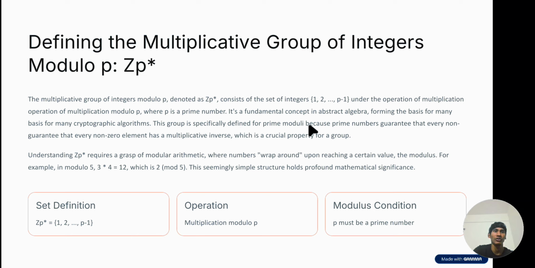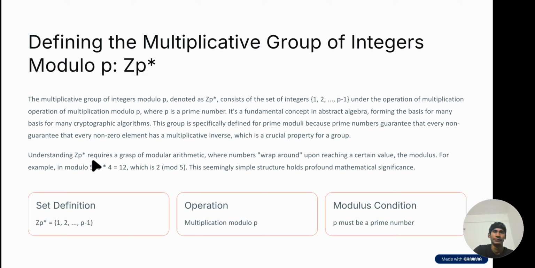Its fundamental concept is abstract algebra, forming the basis for many cryptographic algorithms. The group is specifically defined for prime moduli because prime numbers guarantee that every non-zero element has a multiplicative inverse, which is a crucial property for a group.